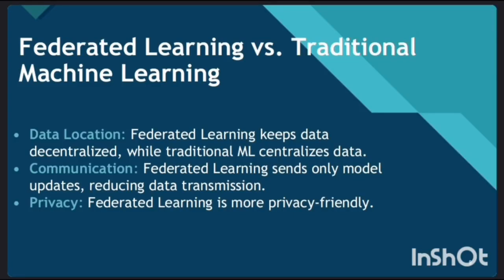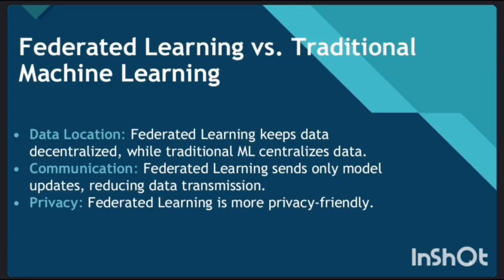Instead of transferring data to a central server, federated learning allows the model to be trained directly on devices where the data is generated, like smartphones or IoT devices, etc. This means the raw data stays on the user's device, which significantly enhances privacy. Another important difference is in communication.